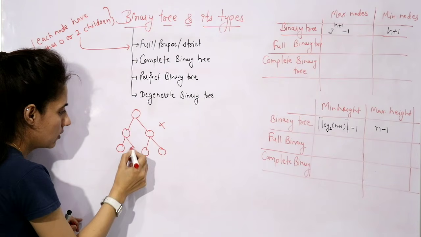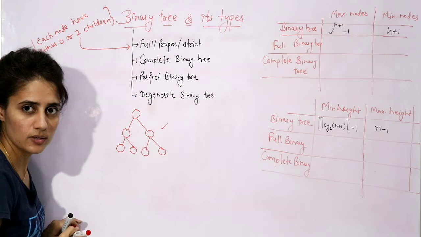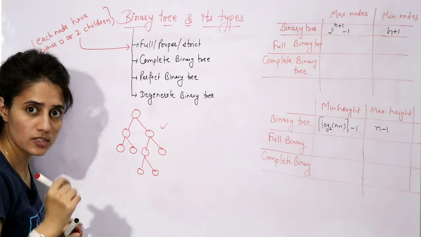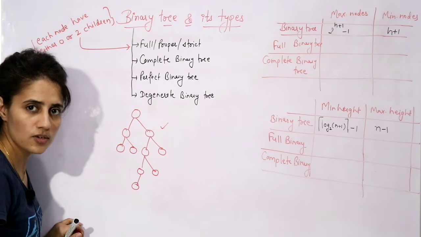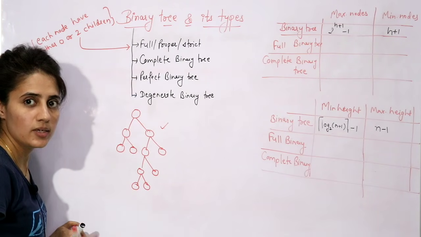Now is this a full binary tree? Yes, this is a full binary tree, right. Is this a full binary tree? Yes, it is. Is this a full binary tree? No. But is this a full binary tree? Yes.